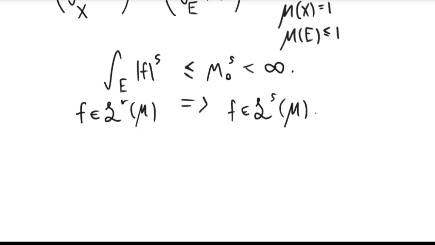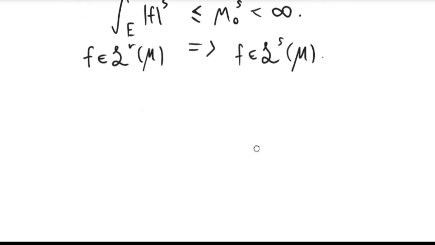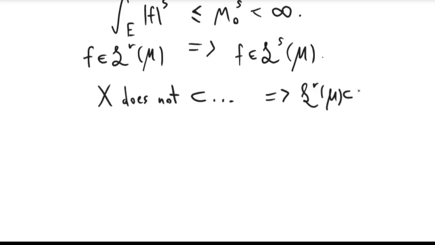So that's good. So now we want to somehow prove that there's an equivalence, right? So we just showed that if X has the condition that X does not contain sets of arbitrarily small positive measure, then it's always true that this containment holds.